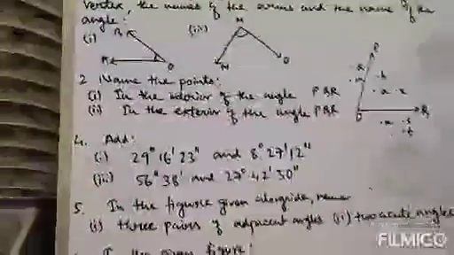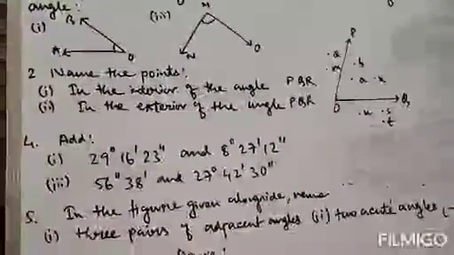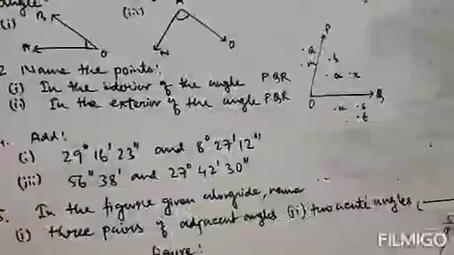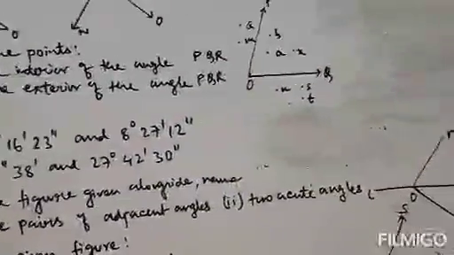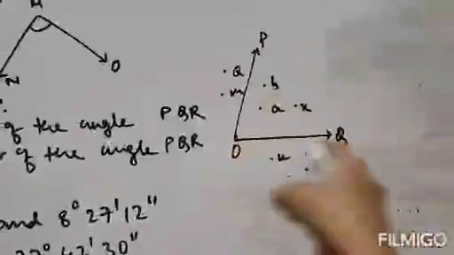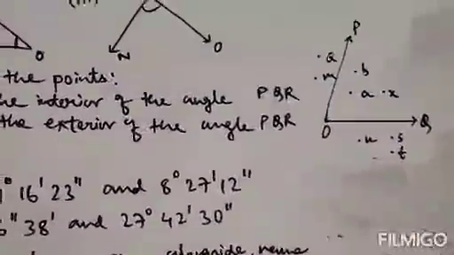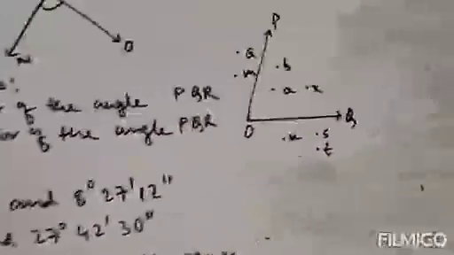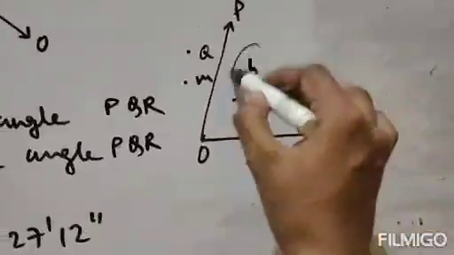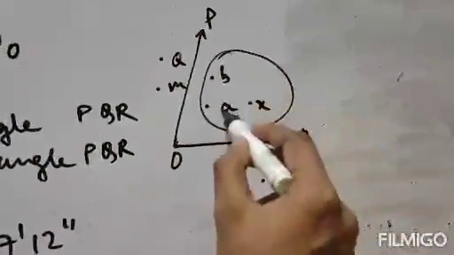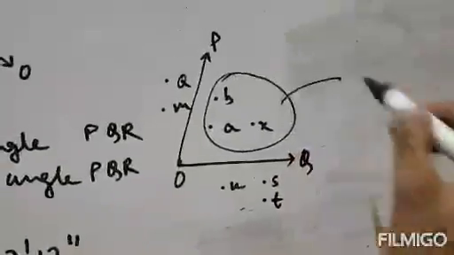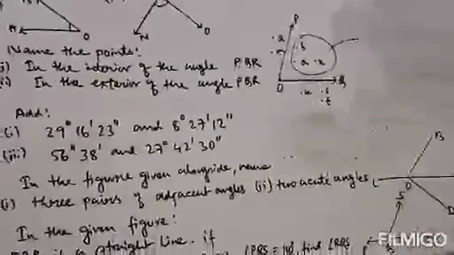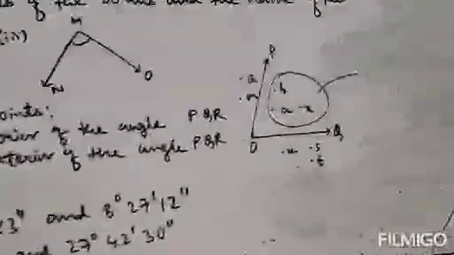Question number 2. In the interior of the angle PQR, name the points. Interior means inside the region within the angle. So we have to name the points within the interior of the angle. There are 3 points: point B, point A, point X. These 3 are in the interior, and exterior means outside the angle region.